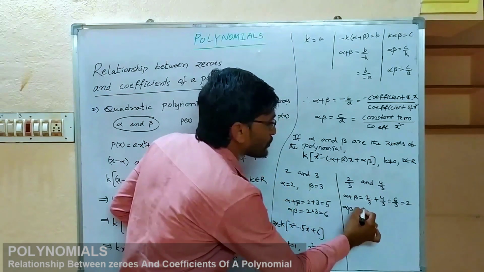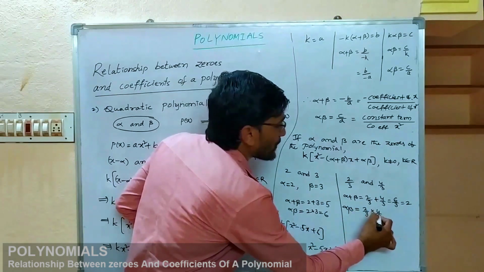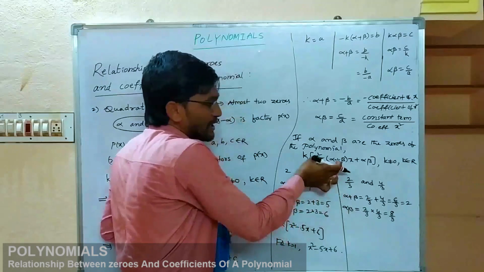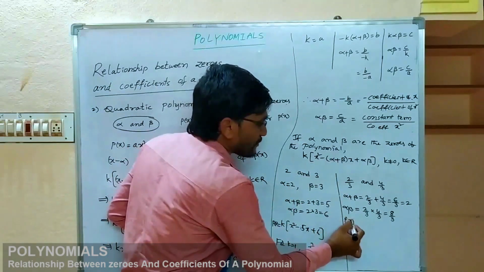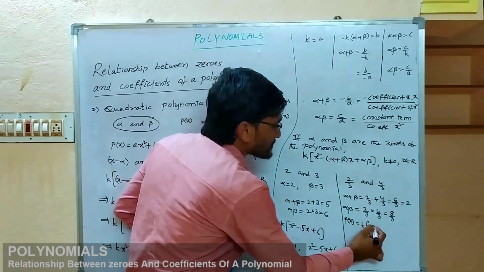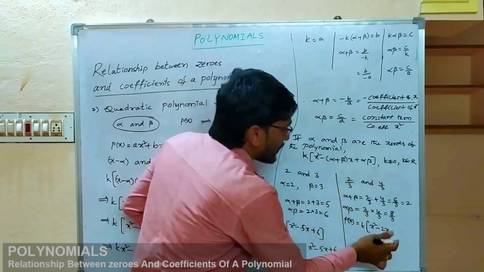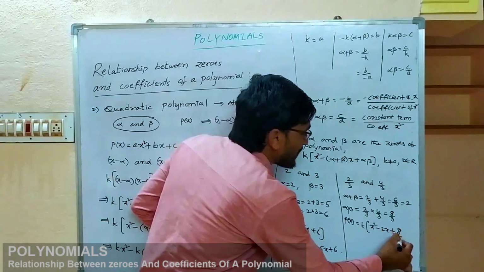Alpha beta is equal to 2 by 3 into 4 by 3, which is 8 by 3. Now substitute these values in this polynomial. P of x is equal to k into x square minus alpha plus beta value, which is 2, into x plus alpha beta, which is 8 by 3.